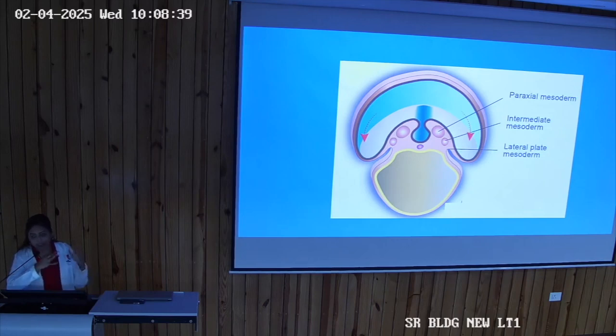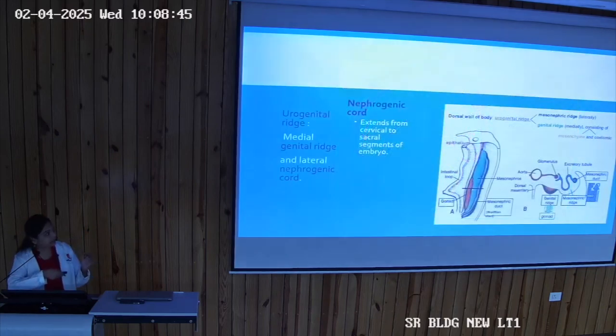From the cervical to the sacral, it is going to form a condensed cylindrical part. That condensed cylindrical part is going to form a bulge that is known as the urogenital ridge. So you have this intermediate mesoderm. Look at this diagram, the distal one. This is intermediate mesoderm from which the urinary system and genital system are going to originate.